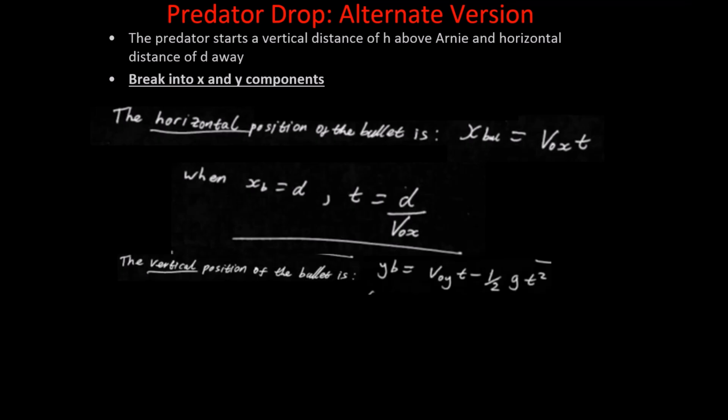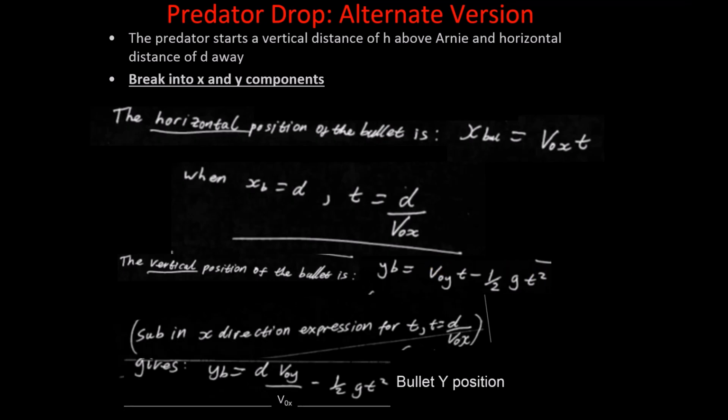The vertical position of the bullet is going to be vt minus half gt squared, as we determined before, which, if we sub in for t from this equation, will give us the y position of the bullet, the height of the bullet, will be d v_y over v_x, essentially, minus half gt squared.